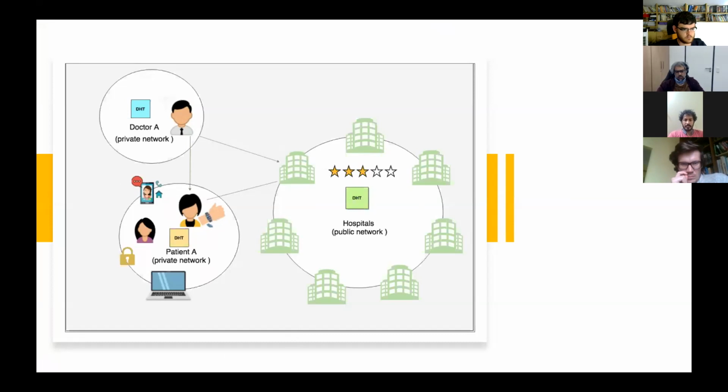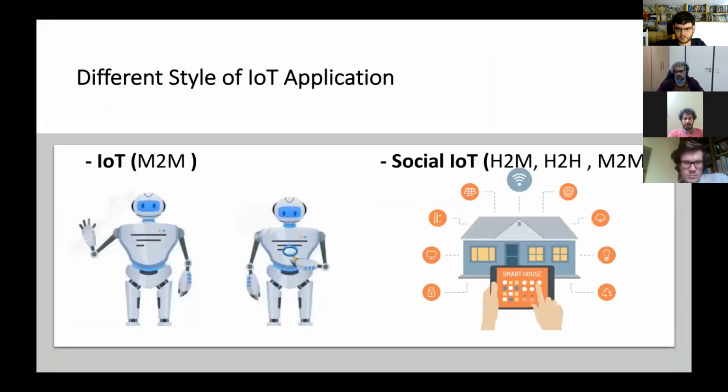So these are the two scenarios. First, the machine-to-machine IoT, where we expect the IoT devices to be more intelligent and able to interact with each other without any human interaction. So each IoT device can interact with others based on its own decision.